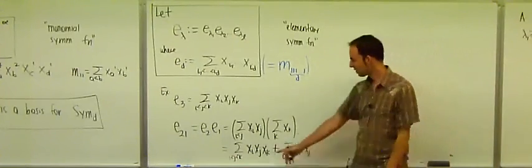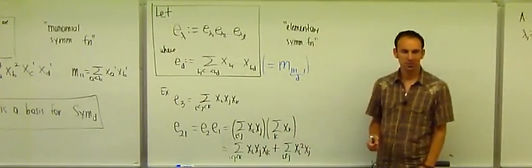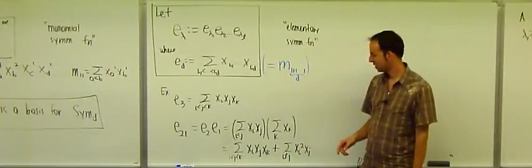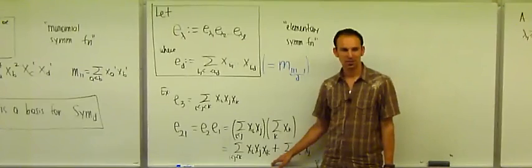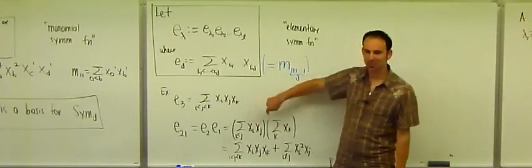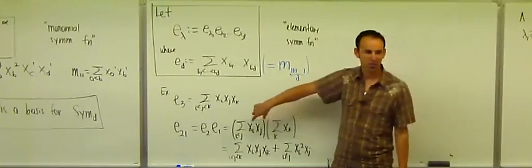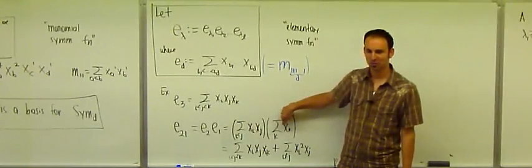How many ways are there of getting the product xi, xj, xk out of this? Maybe it's easier if I call it xa, xb, xc. So how can you get xa, xb, xc here? You can either get it by having xa, xb times xc, xa, xc times xb, or xb, xc times xa. So that product actually appears 3 times.